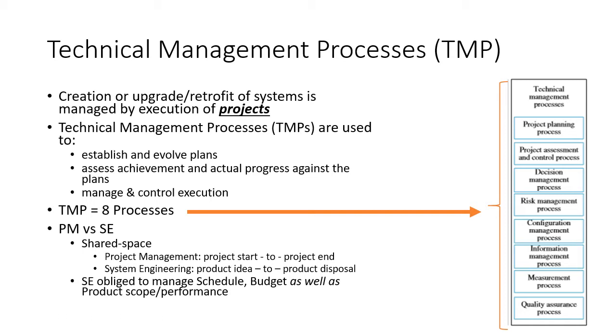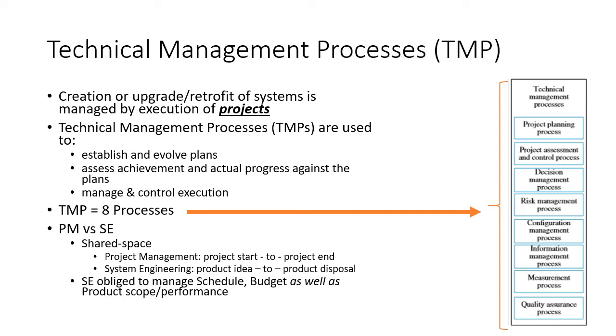One more piece of context. The system engineers organize our work to create, upgrade, retrofit systems into projects. So the unit of measurement is something which we call the project.